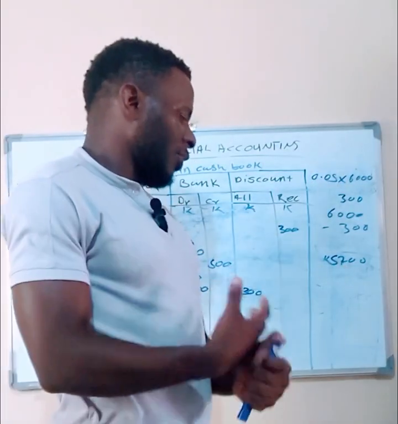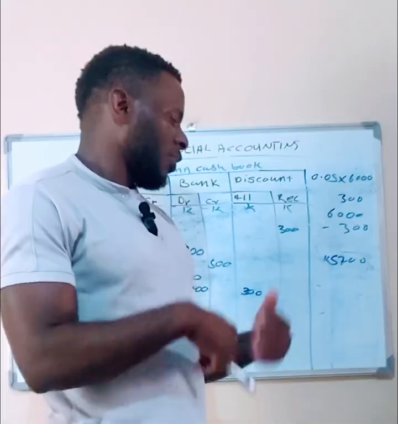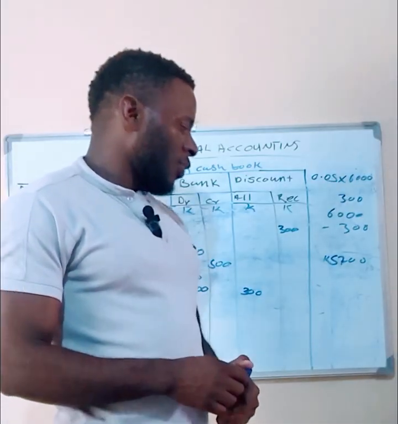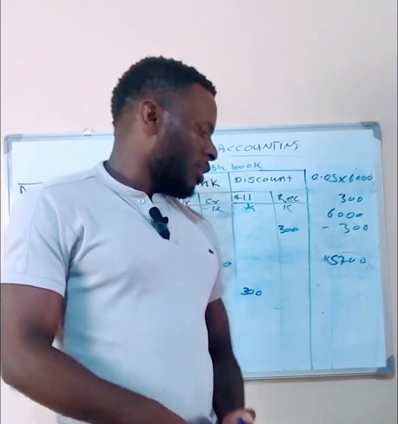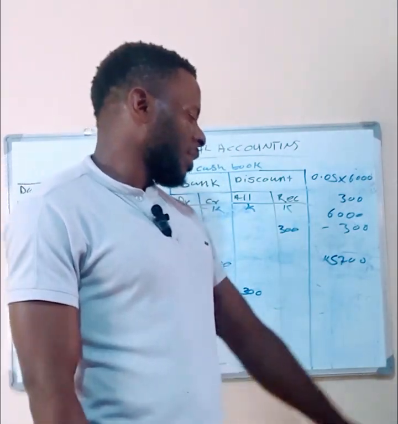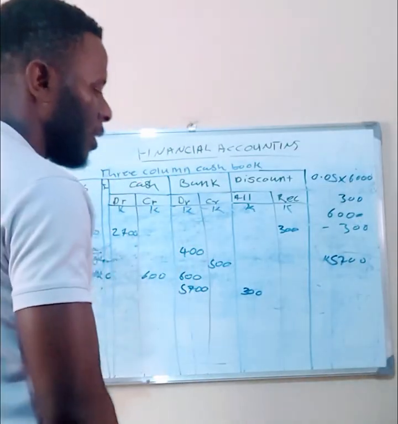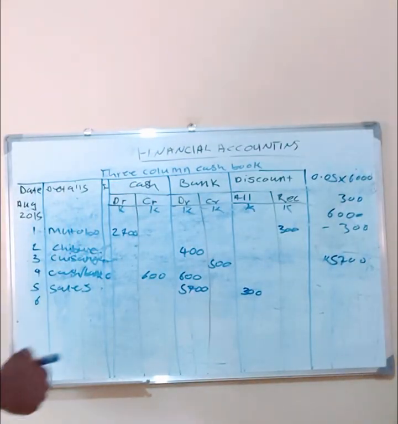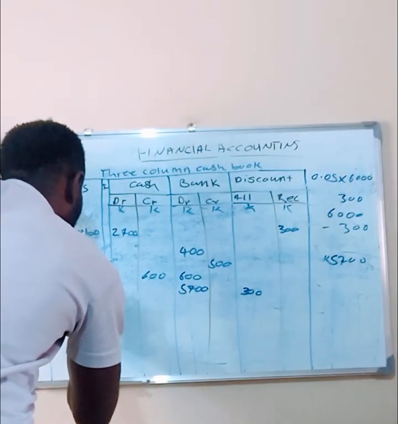So we went to the business, we purchased goods, so the goods came into the business. What do we do with what comes into the business? We debit what comes into the business, we credit what goes out of the business. So the purchases account in this case was receiving, so we credit the opposite. The bank account should be credited.